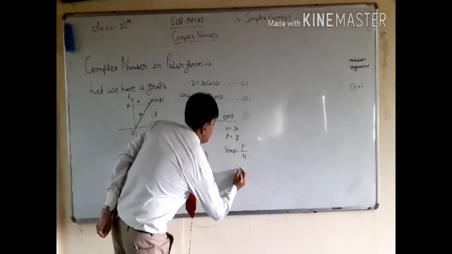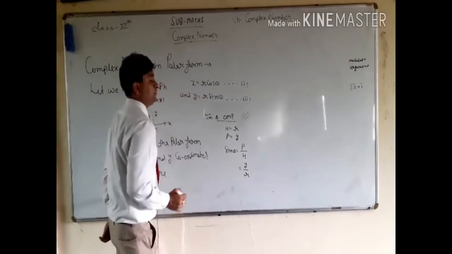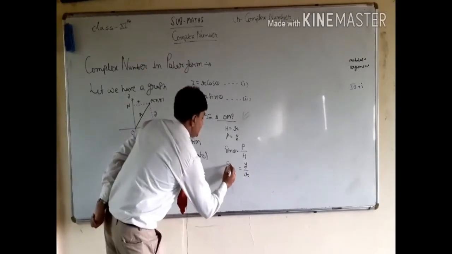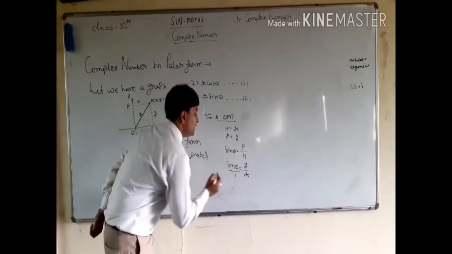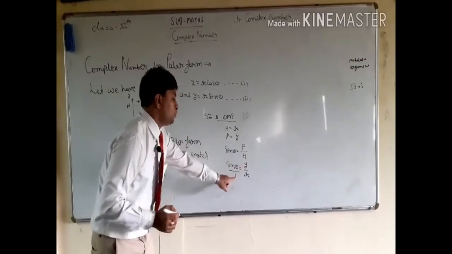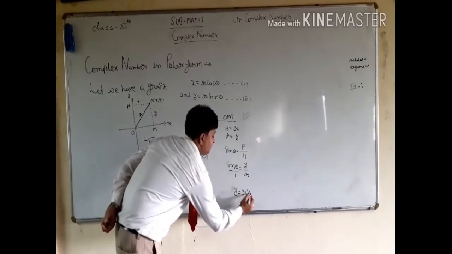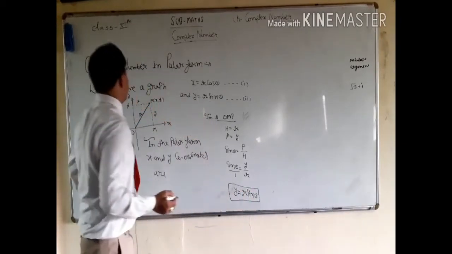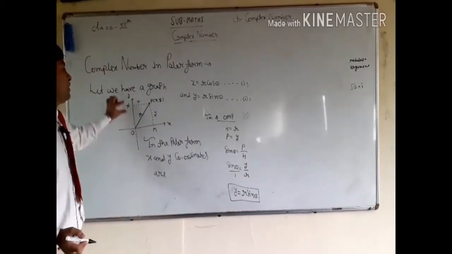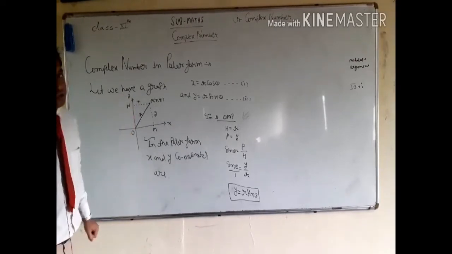So P upon H is equal to y upon r. So sin theta equal to y upon r, and by the cross multiply, y into 1 is equal to y equal to r sin theta. Similar, by the graph OLP, x equal to r cos theta.